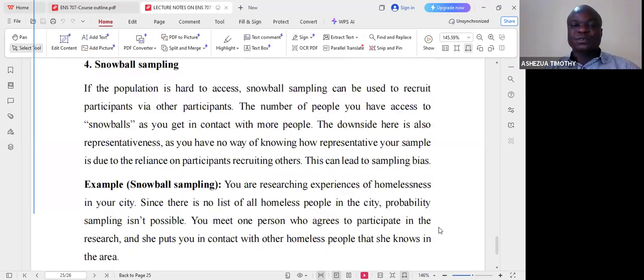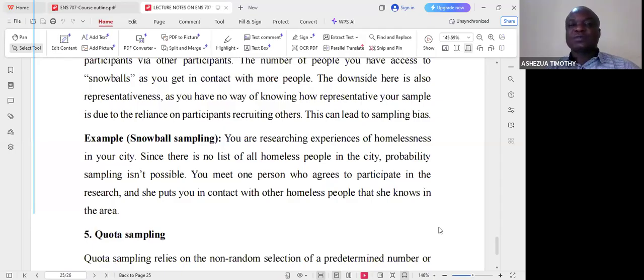So, as an example, if you are researching experiences of homelessness in your city, since you don't have a list of all homeless people in the city, probability sampling isn't possible. You meet one person who agrees to participate in the research, and she puts you in contact with other homeless people that she knows in the area.